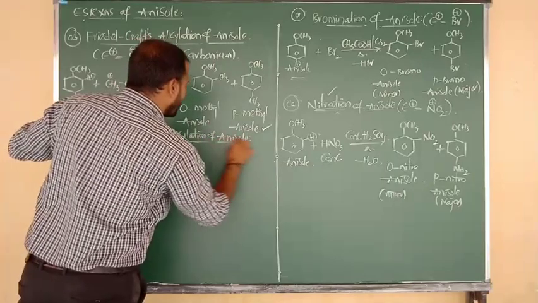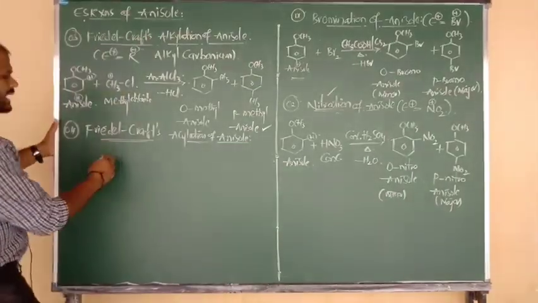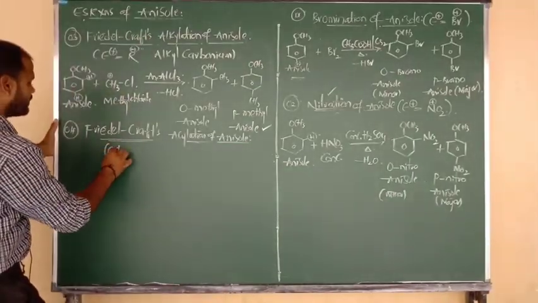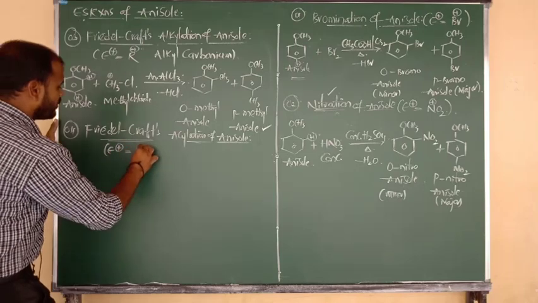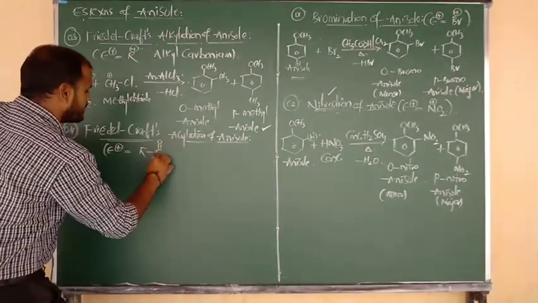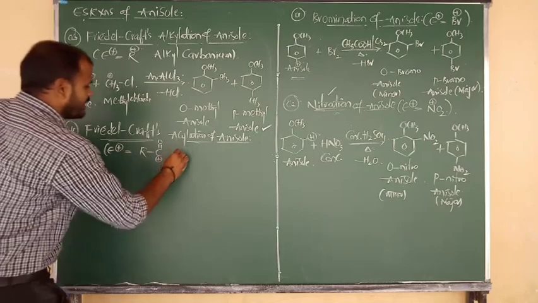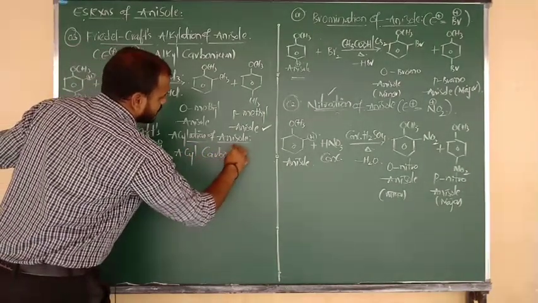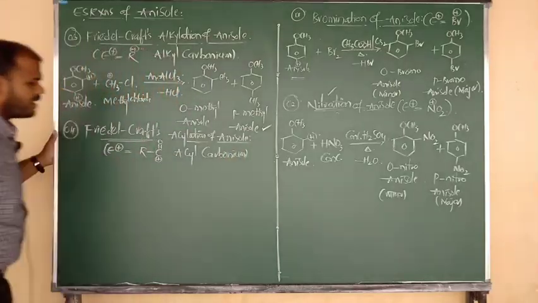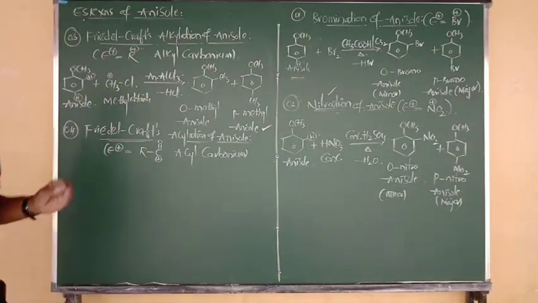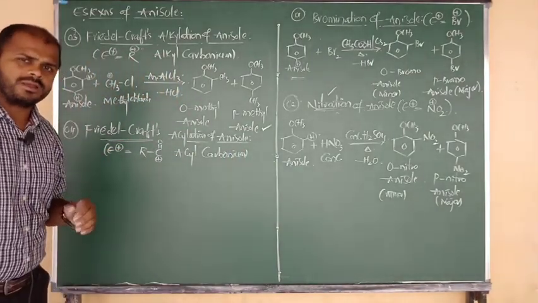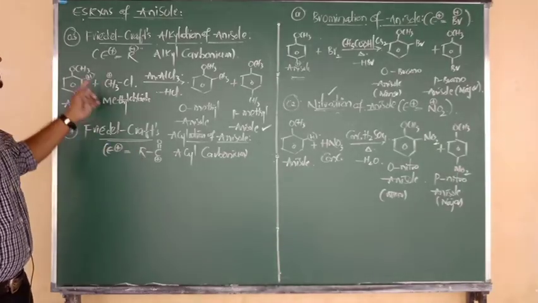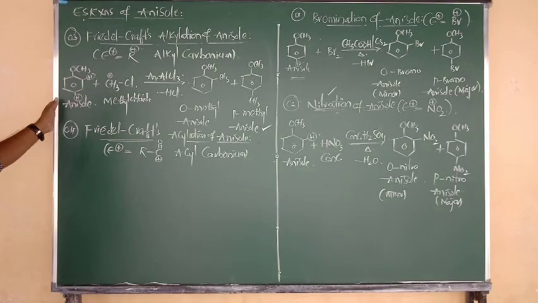Reaction with any acyl halide, and in that acylation process what may be the electrophile? The electrophile equals R bonded to C double bond O group, nothing but acyl carbonium ion. Here it is going to act as electrophile. Again same thing, it is going to be attached at ortho place and at para place.